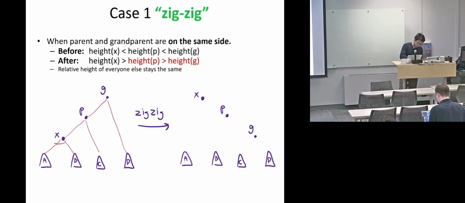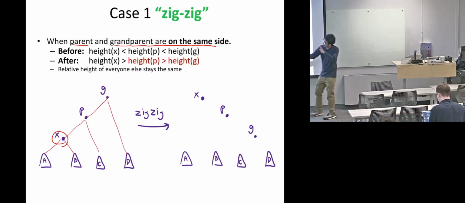Suppose x is here. If its parent and the grandparent are on the same side, here on the left side, then previously the height of x is less than the height of the parent, which is less than the height of the grandparent.